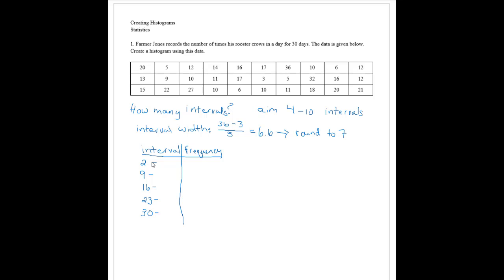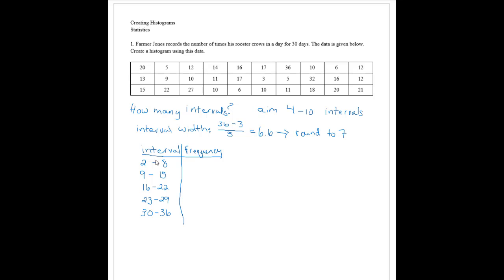Now we want our last number in our interval to be up to, but not including, the next number that starts our next interval. So this is going to be from 2 to 8. This is going to be from 9 to 15. This will be from 16 to 22. This will be from 23 to 29 and 30 to 36.